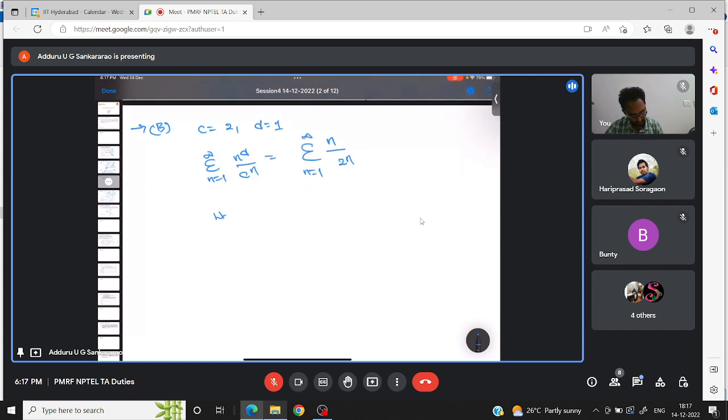So we will apply the ratio theorem, limit n tends to infinity of u of n plus 1 by u of n. What is term n plus 1? n plus 1 by 2 power n plus 1, over n by 2 power n. So what you get is limit n tends to infinity of n plus 1 by n, times 1 by 2, which gives 1 by 2. So is this correct?